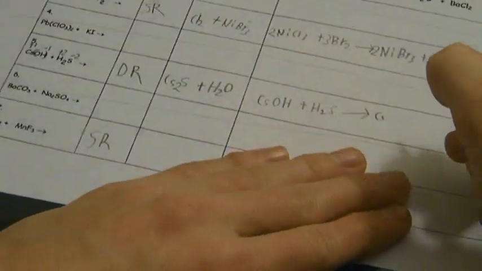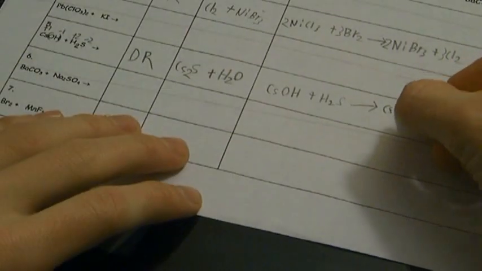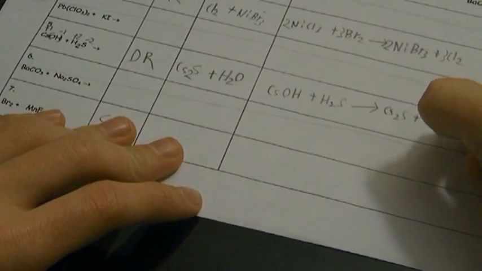Now let's write number 5 out. Okay, so we're going to have CsOH plus H2S yields Cs2S plus H2O, and then to balance that, we got 2 Cs's over here, so you're going to have to multiply this by 2. 2 Cs's over here, then you're going to have 2 O's, so you're going to have to put a 2 over here.